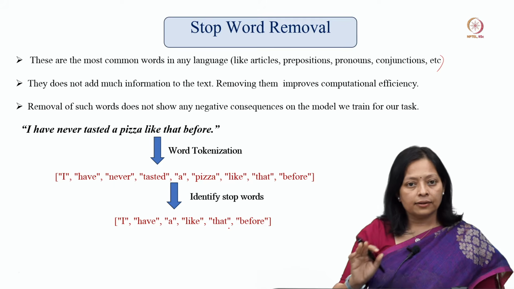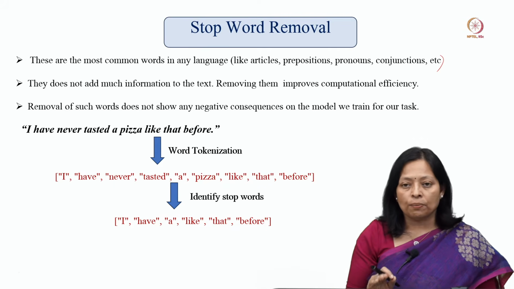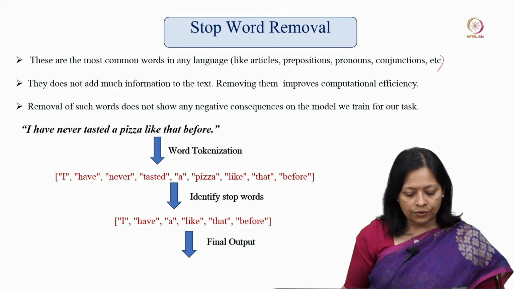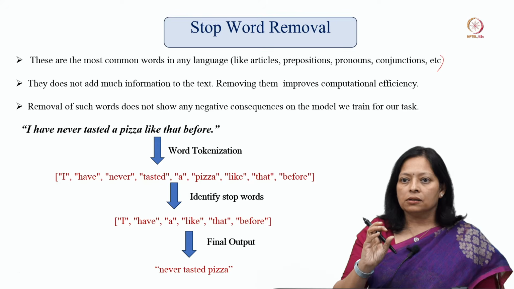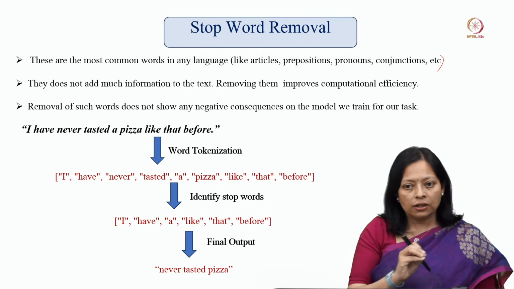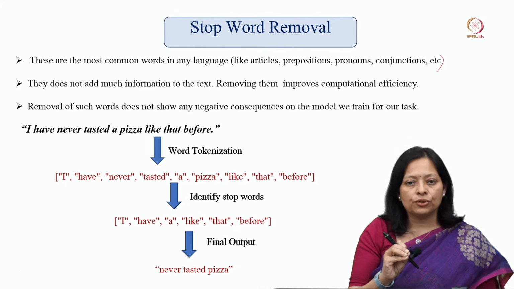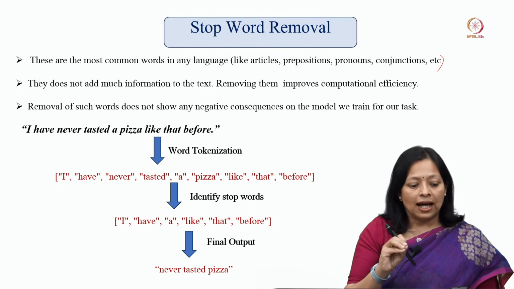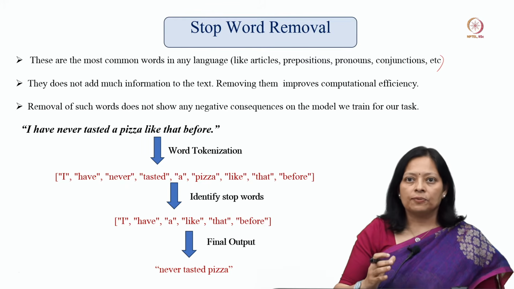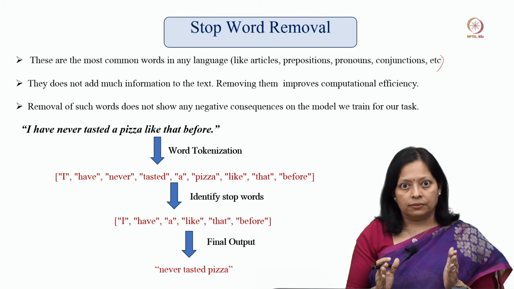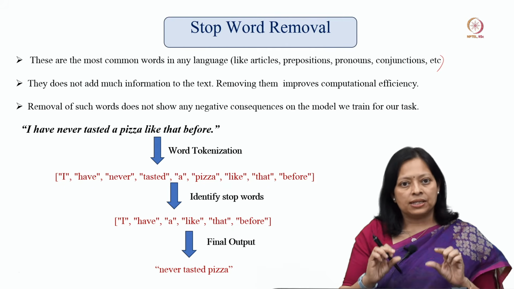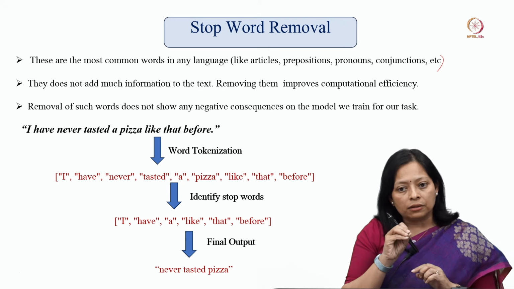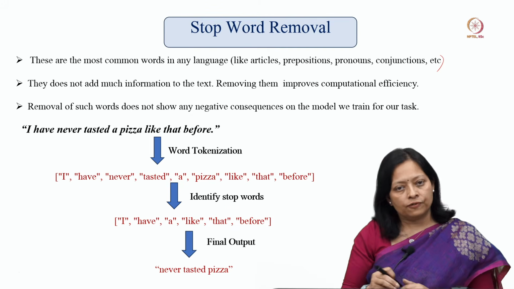If I take out those stop words, I get never tasted pizza. So this is the gist of the information in the sentence. That means I have never tasted a pizza. So "never tasted a pizza" is the important information that you are getting from this sentence.